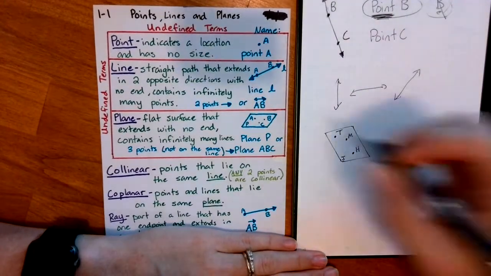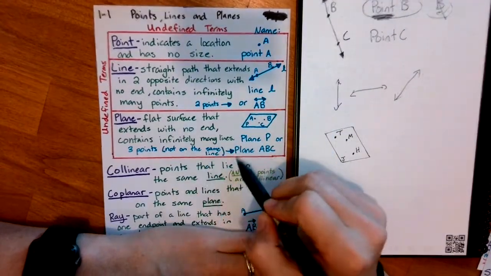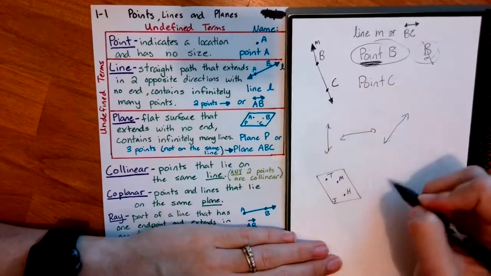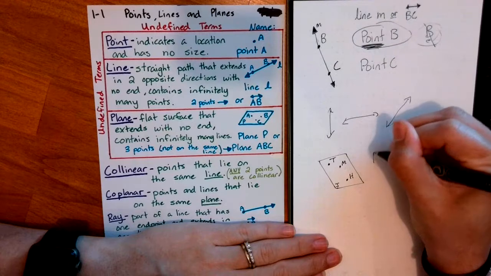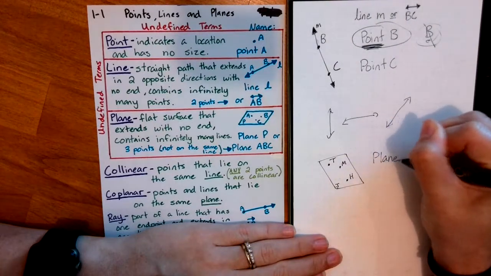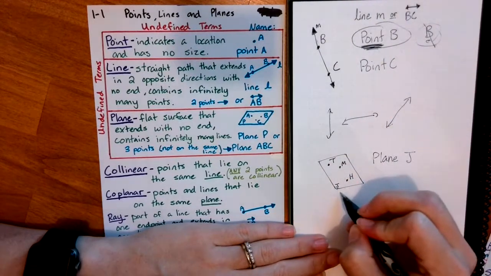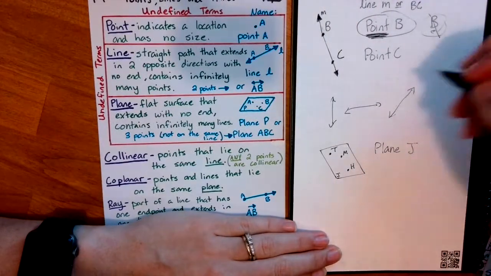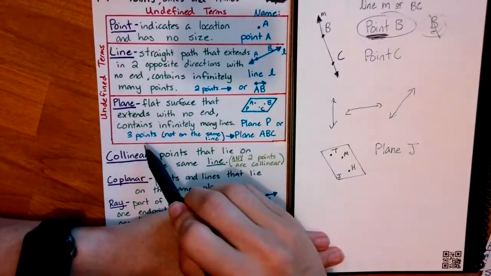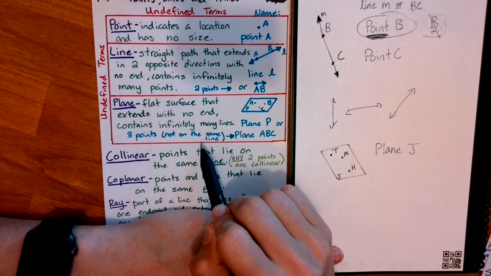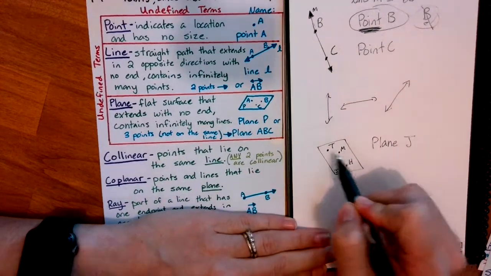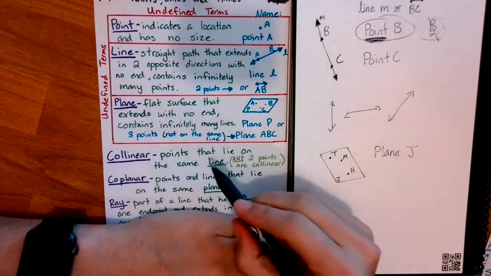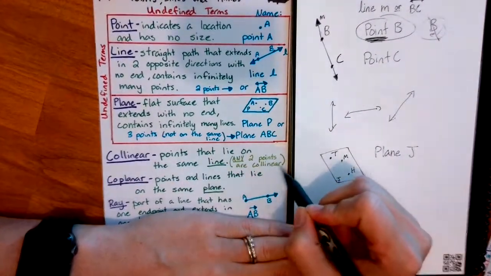So there are two different ways we can name this plane. I can name this, remember we got to have the word. I can't just have random letters, so I can name it plane J, because J does not have a point, or I can name it using 3 points, but they can't be on the same line. So if T, M, and H were all collinear, which is a word I'll get to in a moment, I could not name them with those points.